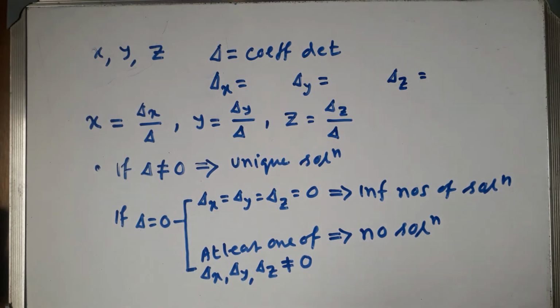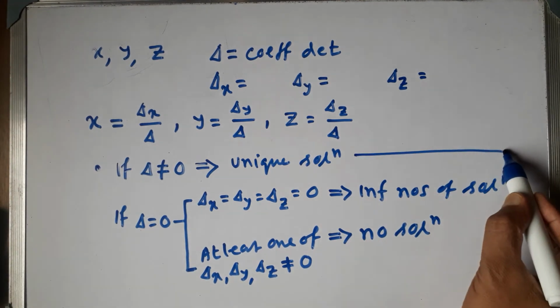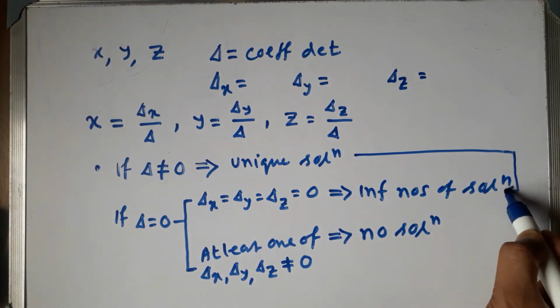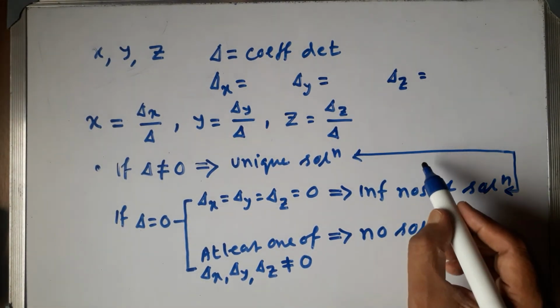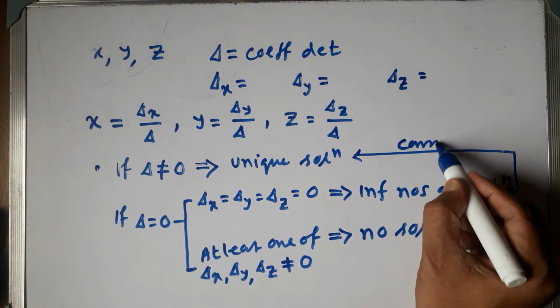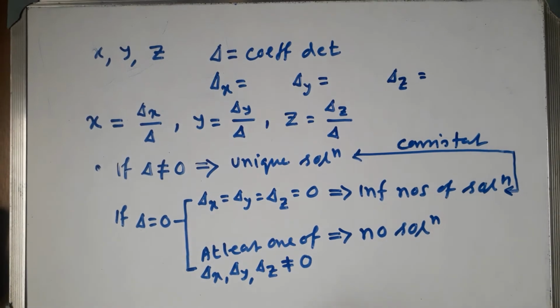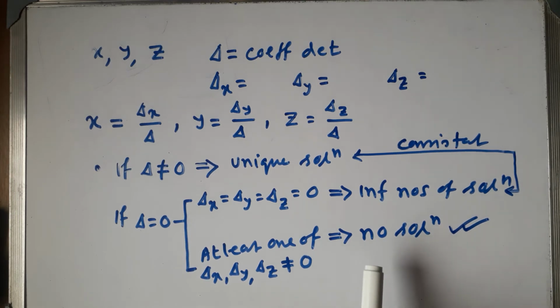So in the first two cases, delta not equal to 0 and delta equal to 0 with all of delta x, y, z zero, the system is consistent. And in this last case the system is inconsistent, meaning the system is not solvable.